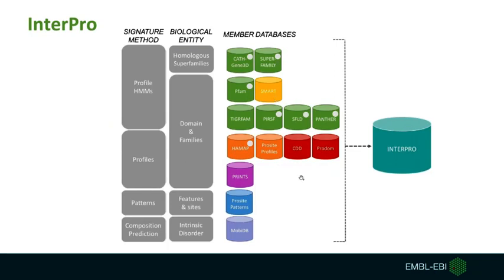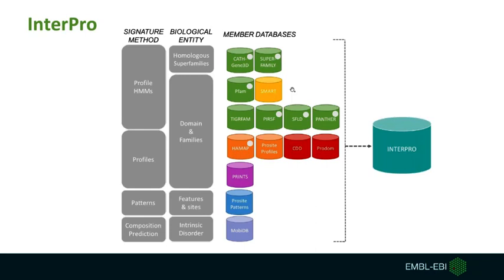So for example, you have SUPERFAMILY, you have Pfam, you have TIGRFAMs. For each database, it creates an analysis workflow. And at the end, when all the processing has been done, it creates a unified view of the functional annotations that it has been able to find.